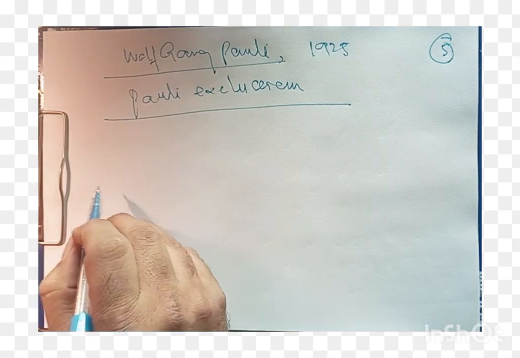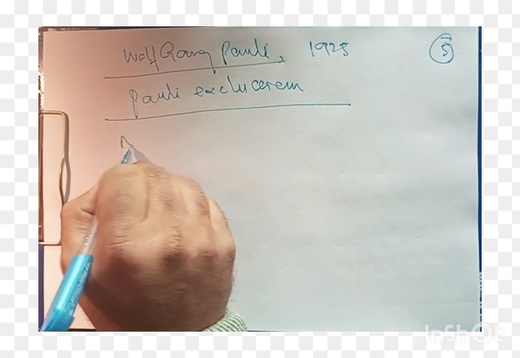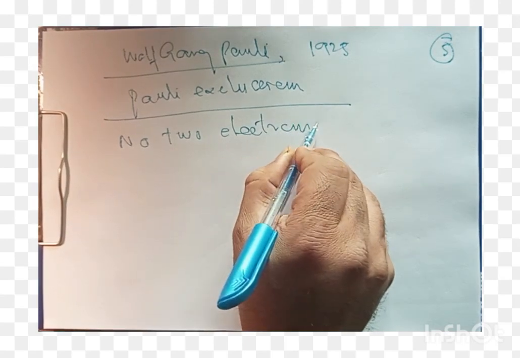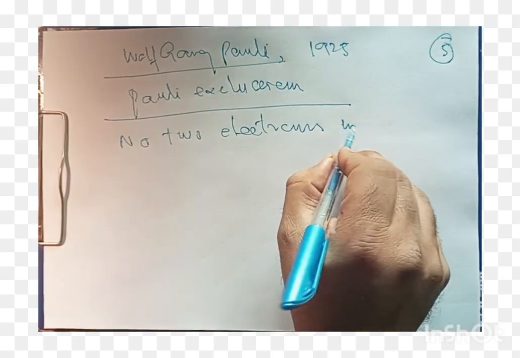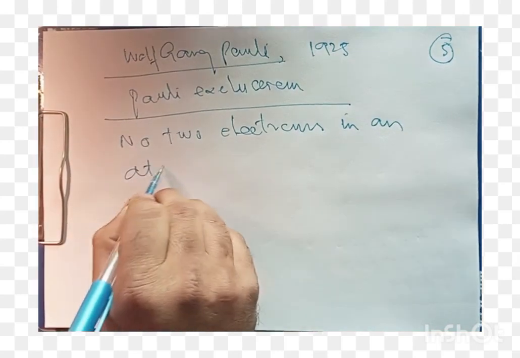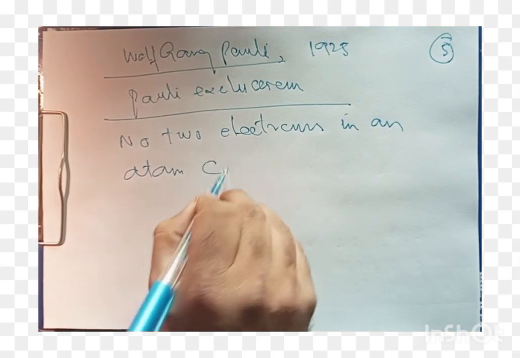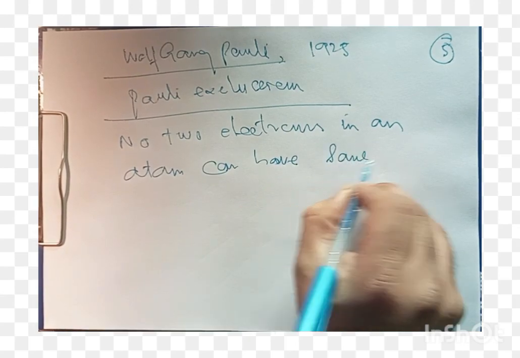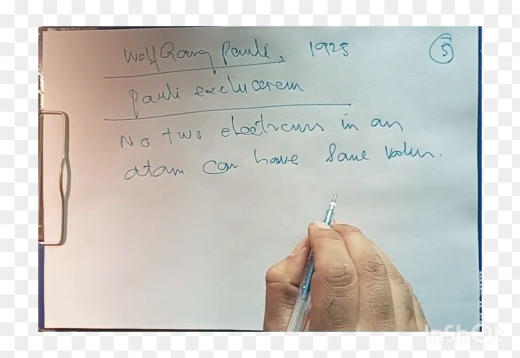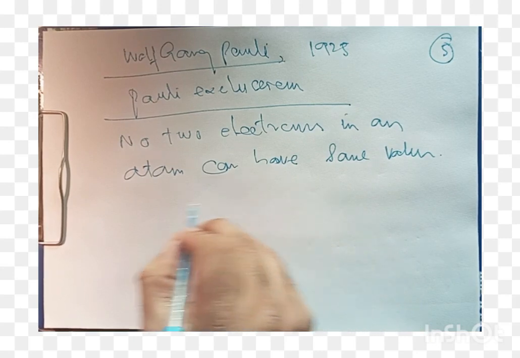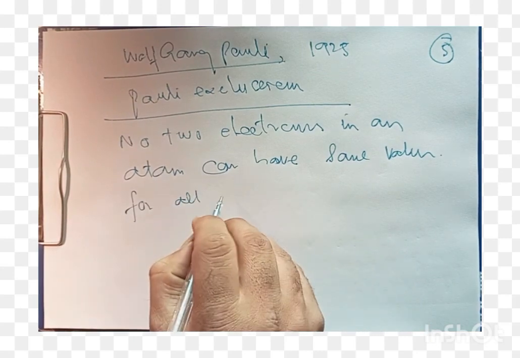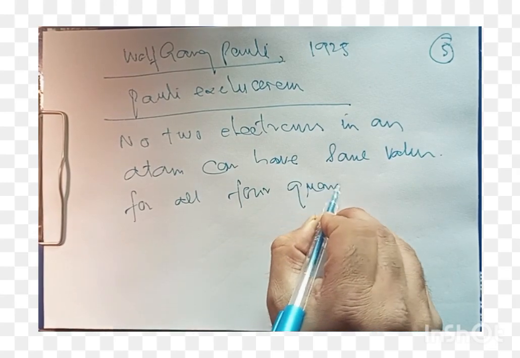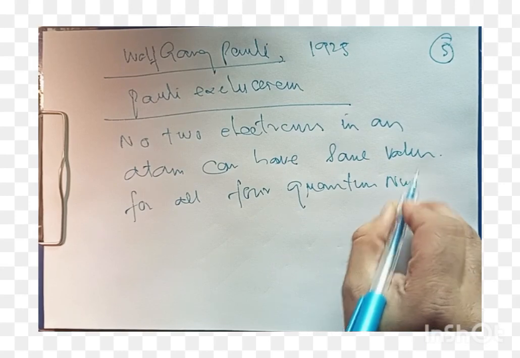Now, what this principle states is that no two electrons in an atom can have the same values for all four quantum numbers. How many quantum numbers do we have? All four quantum numbers.